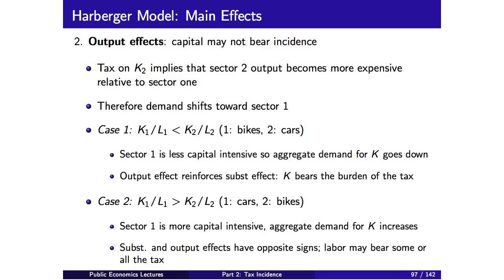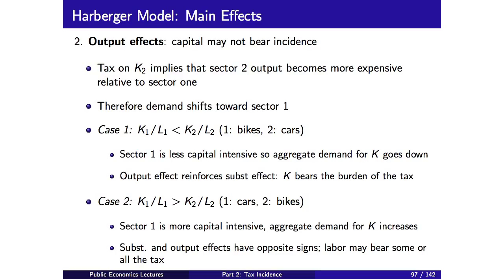So let's compare two different cases, okay? The first case is the one that I just mentioned, where sector 1 is bikes and sector 2 is cars, and sector 1 is less capital intensive than sector 2, all right? And remember that we are taxing capital in sector 2 throughout this entire discussion. Okay, so because sector 1 is less capital intensive, the aggregate demand for capital is further going to go down through a second effect, right?